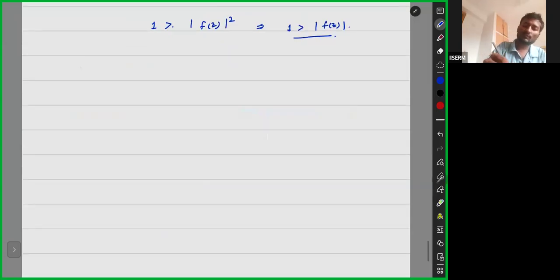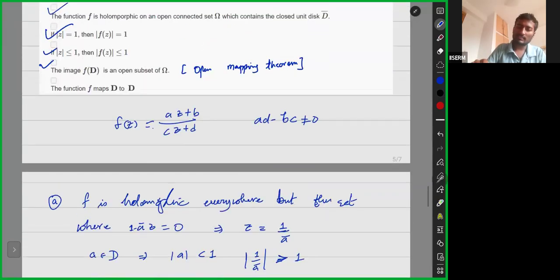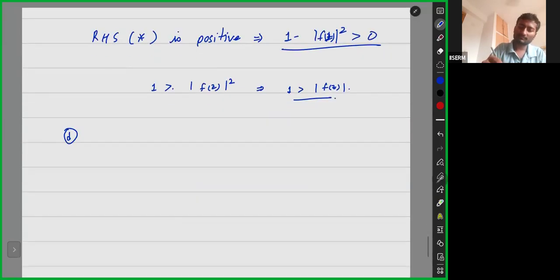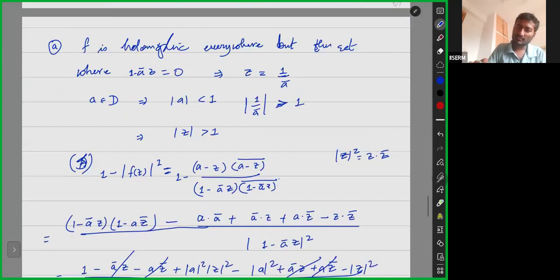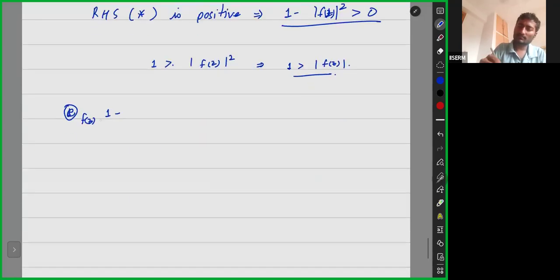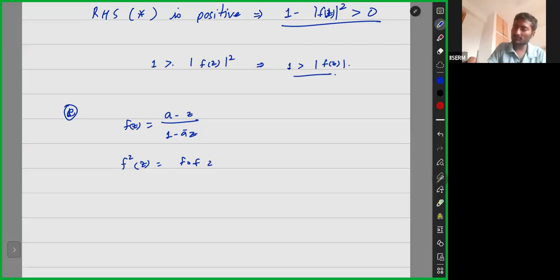So let's see. We know f(z) is A minus Z divided by 1 minus A bar Z. Then what happens to f composite f(z)?